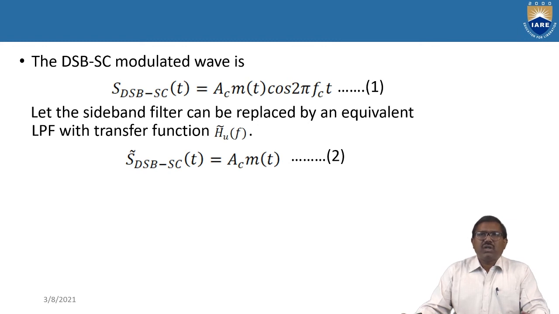Here U indicates we are using the upper sideband. Now S tilde DSB SC of t is equal to Ac m(t). Our aim is sending one full sideband and, for the other sideband, only some portion or trace or vestige of the other band. So that's why we are sending this double sideband suppressed carrier signal to a filter.